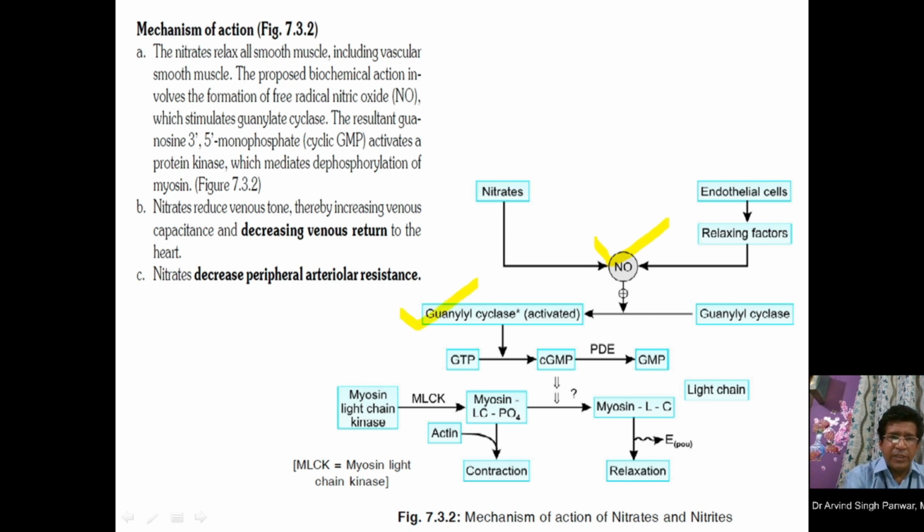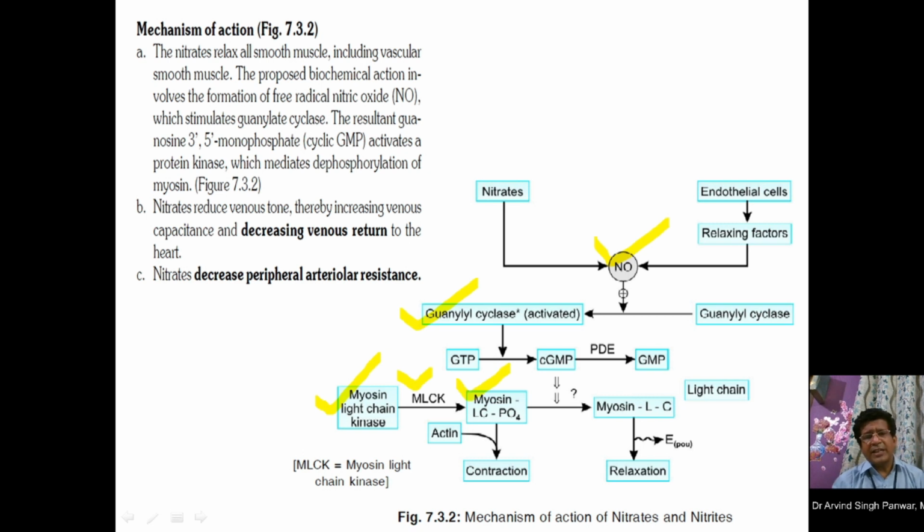So when GTP gets acted upon by guanylyl cyclase, it is converted into cyclic GMP. Now, dear friends, myosin light chain kinase, when stimulated, converts myosin light chain to myosin light chain phosphate.